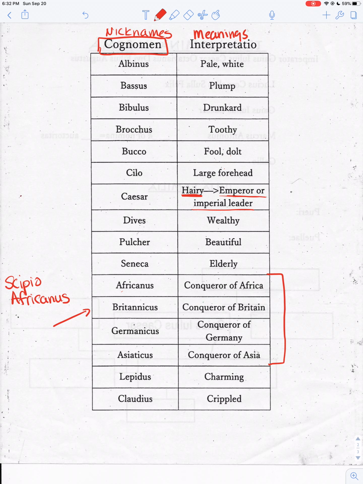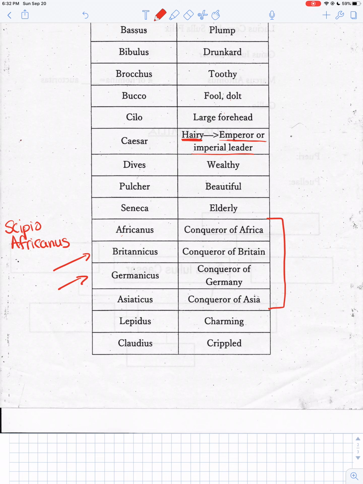There was also a man in the imperial family called Germanicus, because he went and conquered parts of Germany, also parts of France. That area was called Gaul, but he managed to conquer parts of Germany. Asiaticus, conqueror of Asia. And then we have Lepidus, who is charming, and Claudius, who is crippled.